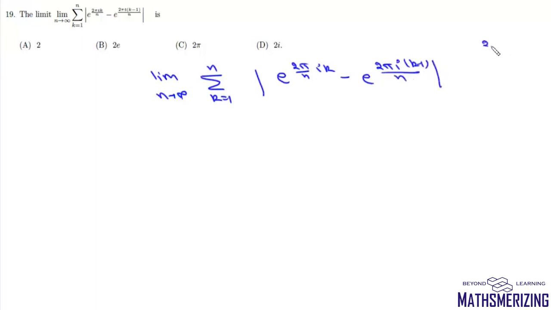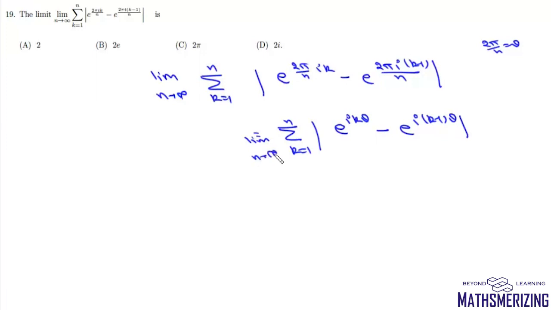Now for the sake of brevity, we'll write 2 pi by n as theta. So we can write this as summation of e to the power iota k theta minus e to the power iota (k minus 1) theta, where this summation varies from 1 to n, and limit n tends to infinity. Now here we'll take e to the power iota (k minus 1) theta common.